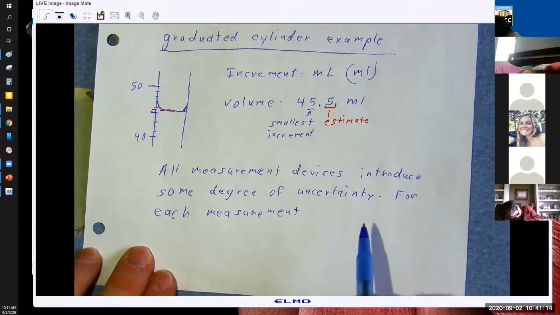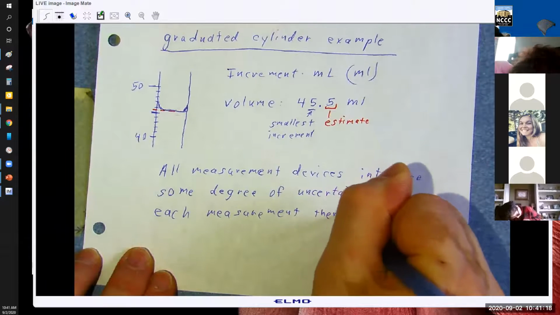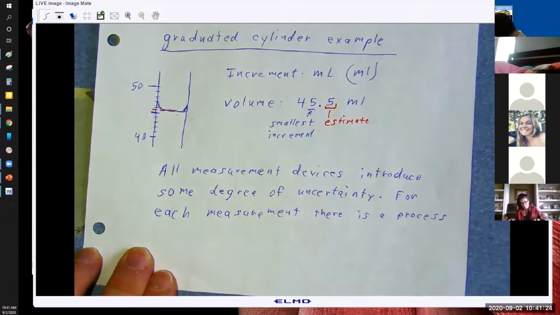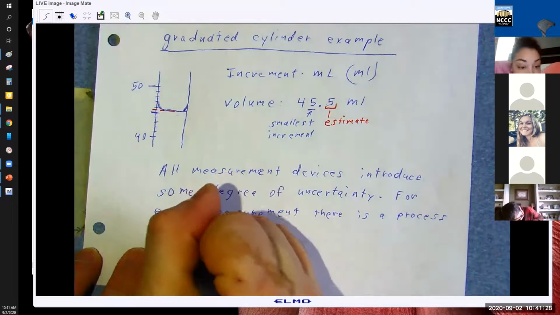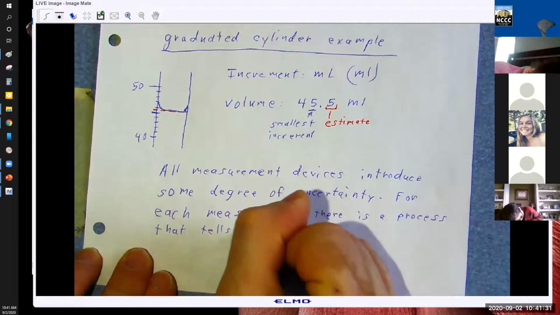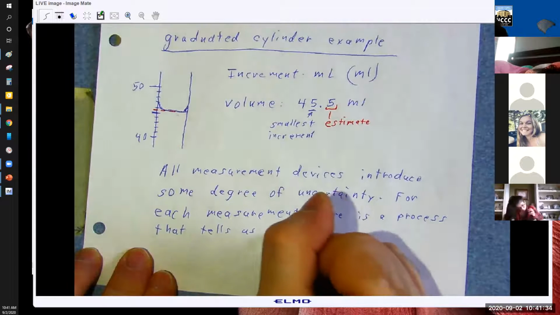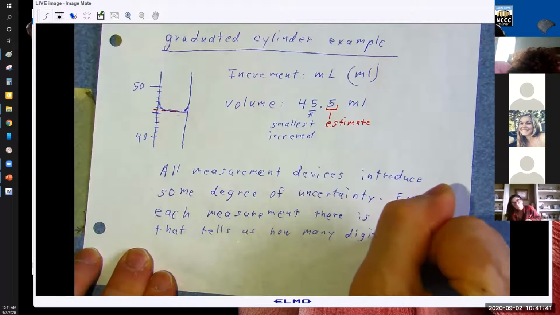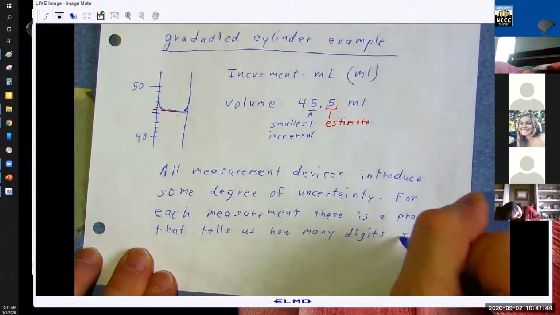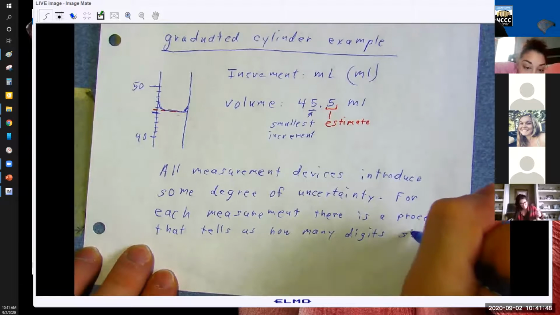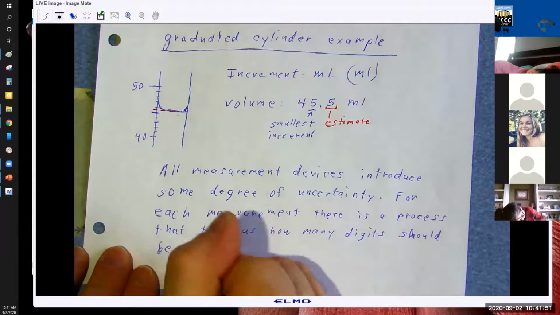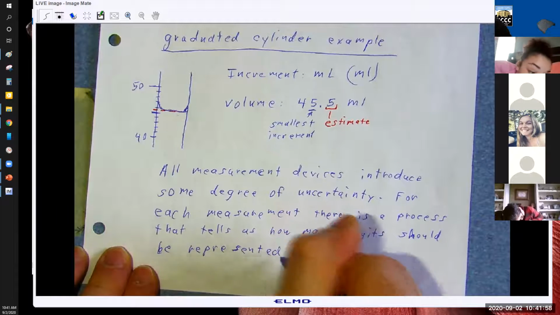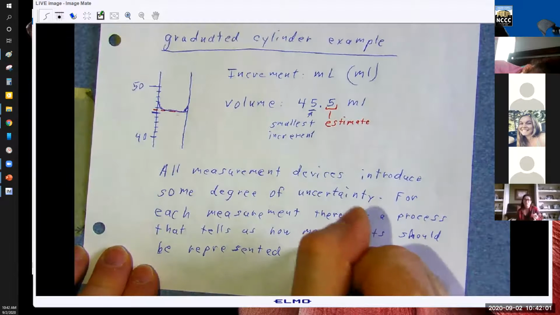For each measurement, there is a process that tells us how many digits should be represented in that measurement.